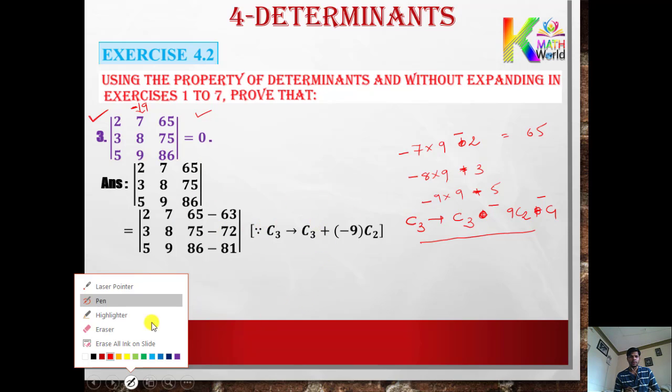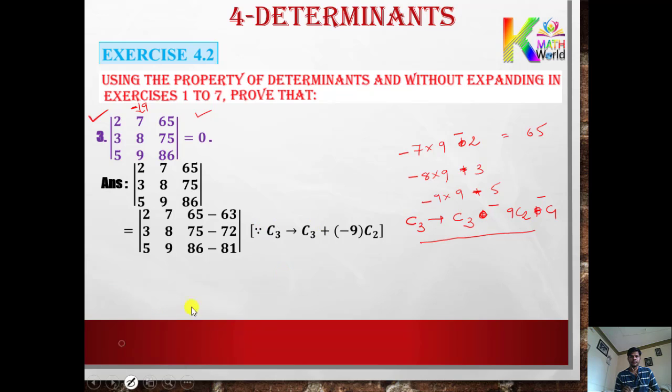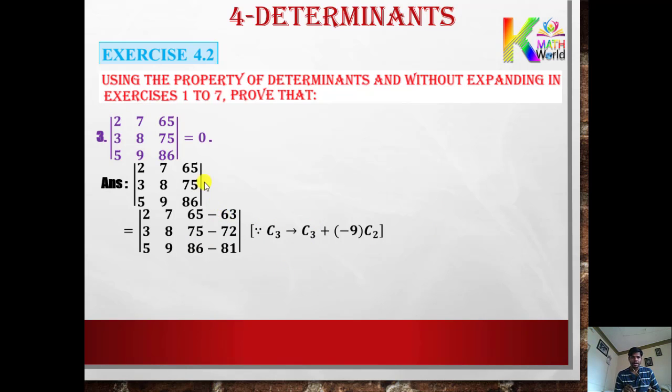Okay, so right now, when you multiply this one by minus 9, and when you add that result to the last column, it means you are performing only C3 minus 9C2. C3 remains as it is.